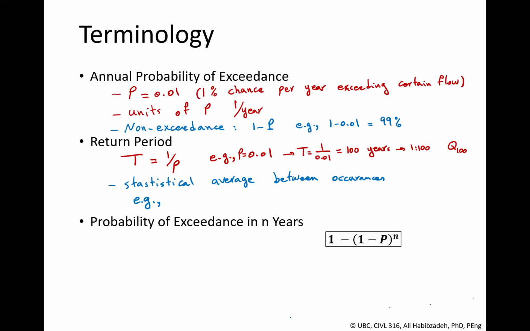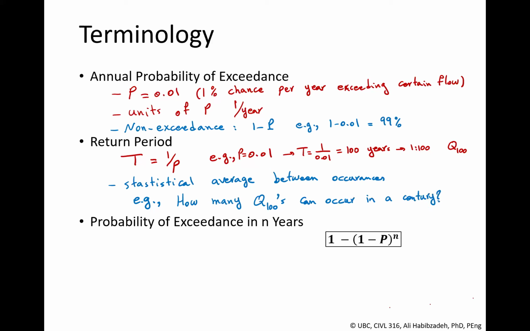For example, we could interpret this as how many Q100s can occur in a century.